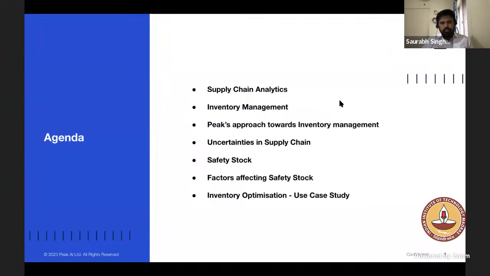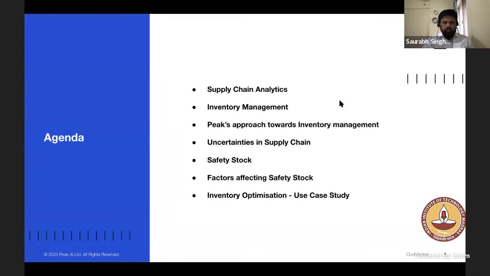What are the factors that affect the safety stock? And if time permits, at the end, I will also try to present a use case study where I will try to show the kind of value and business impact that we can create using these approaches, right?